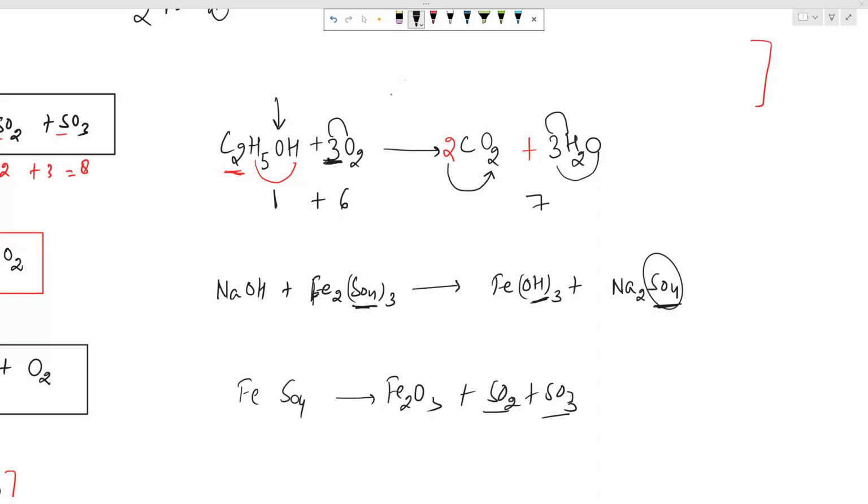In the reactant side, in front of NaOH, 3 will be there, and in product side, in front of Na2SO4. Oh wait, it's Na2SO4. Never mind. It's okay.